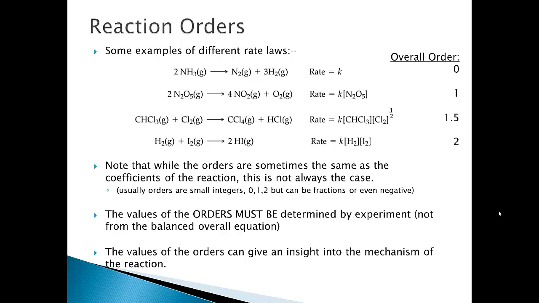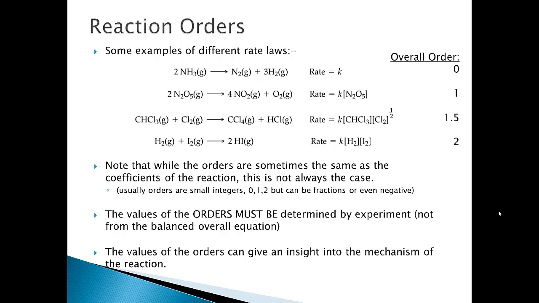So in the last example, H2 plus I2 gives us 2HI. Now the rate is given by the concentration of both the hydrogen and the iodine gas. So they're both first order. First order with respect to hydrogen, first order with respect to iodine, but overall order is going to be 2 because we add them together.